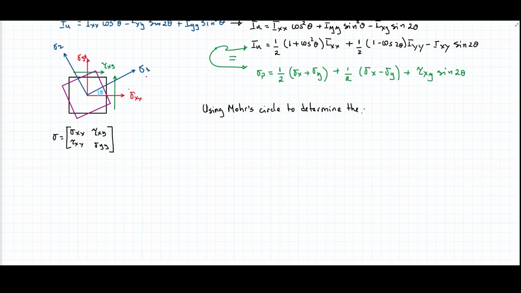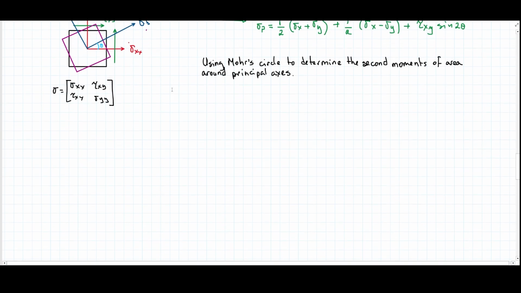So we could determine the second moments of area around principal axis. And it could help us, well, already define where the orientation of this principal axis, because I already have a formula for that. But let's do the Mohr circle, or use the Mohr circle for this purpose.